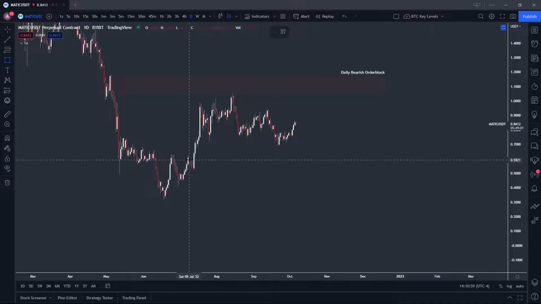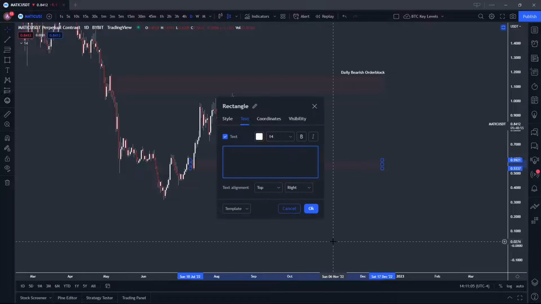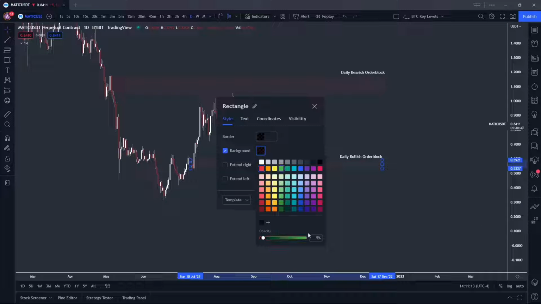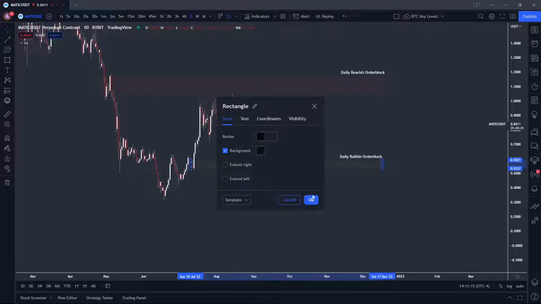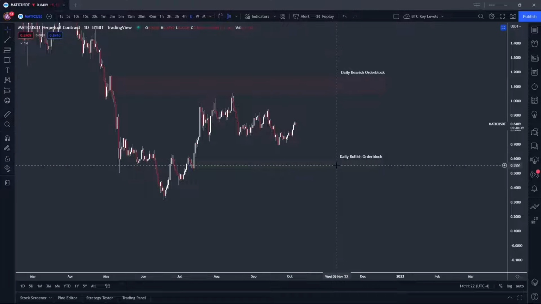So right here, for example, this would be your daily bullish order block. And let's make that one green. So that is simply how you find bearish and bullish order blocks.